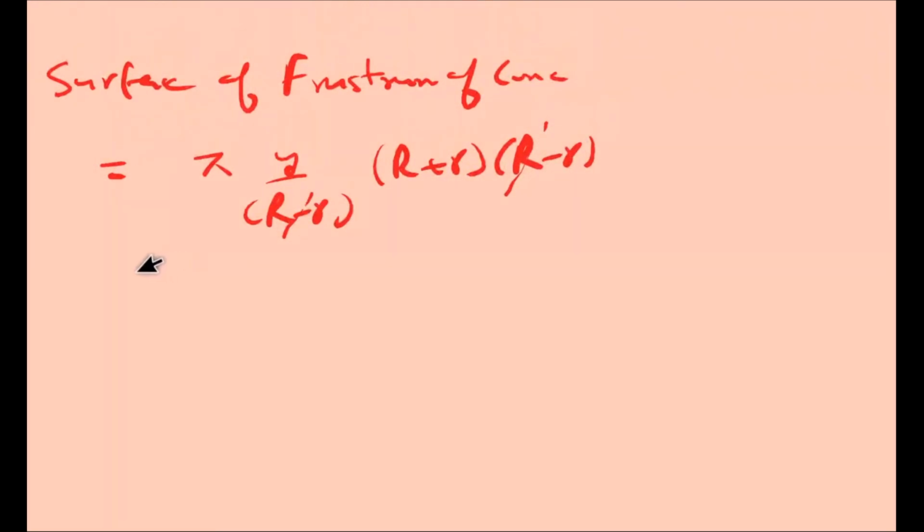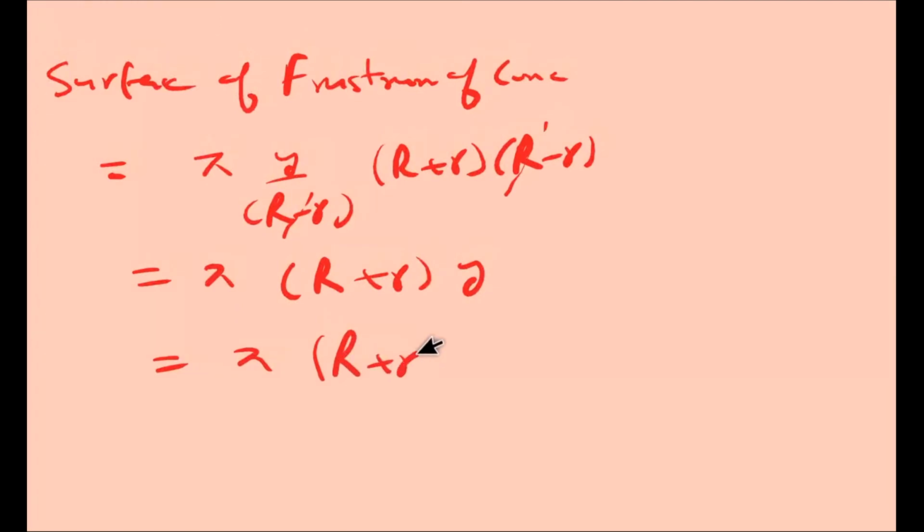What we get here is pi (R plus r) into y, and we know the value of y is under root k square plus (R minus r) square.